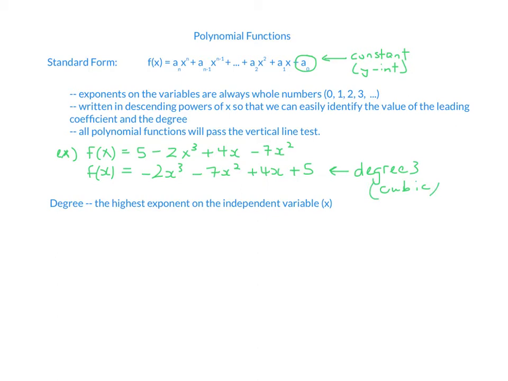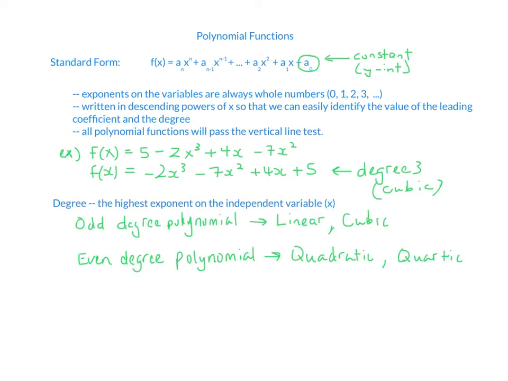All right, now it's important to know whether that degree is an odd number or an even number, because the end behaviors will be different depending on the degree. An odd degree polynomial will have the highest exponent on the x being an odd number, and an even degree polynomial function will have the highest exponent on the x being an even number.